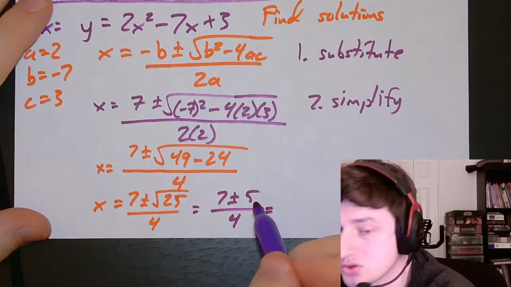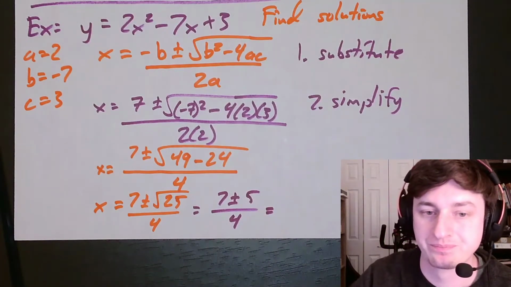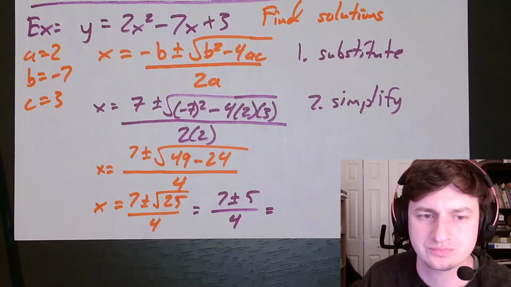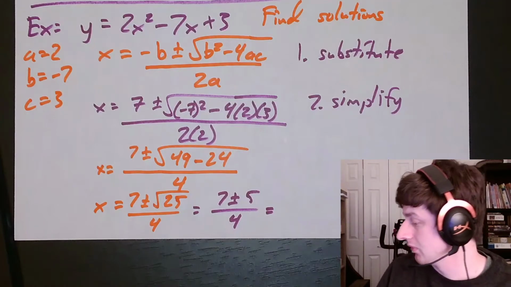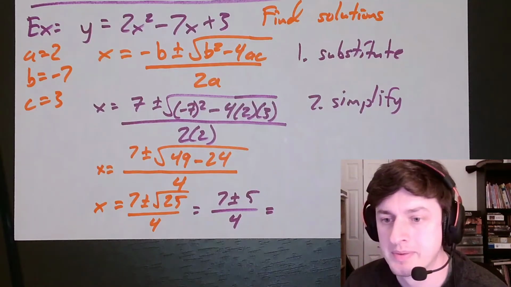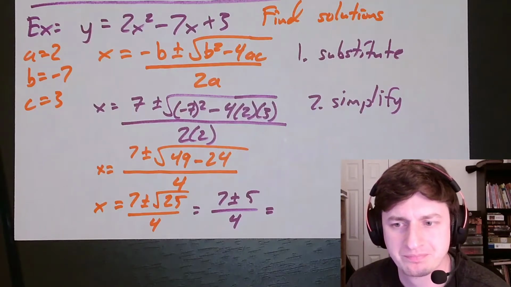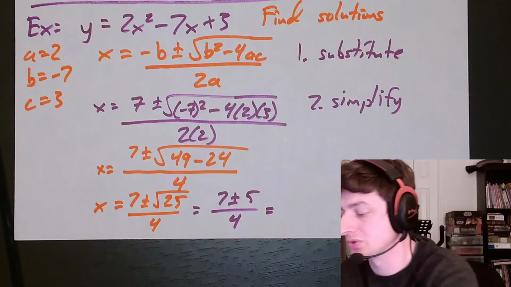So this gives us two problems that we need to simplify. And we did this before when we were looking at, oh, I am blanking very hard. What did we use plus or minus for? Square roots. When we took square roots of things, we did plus or minus.